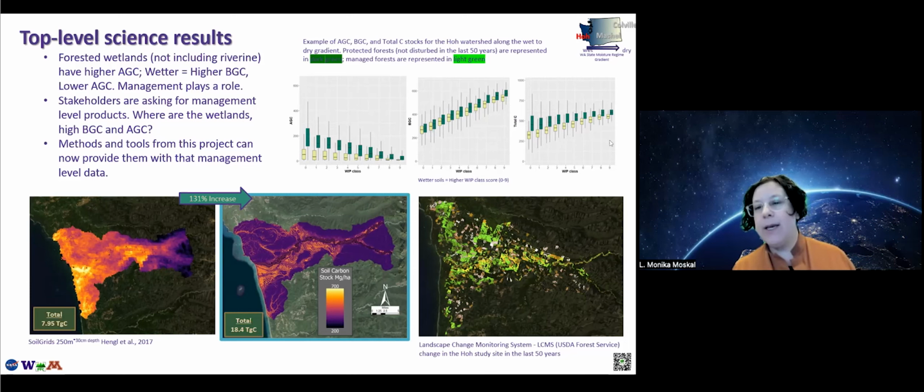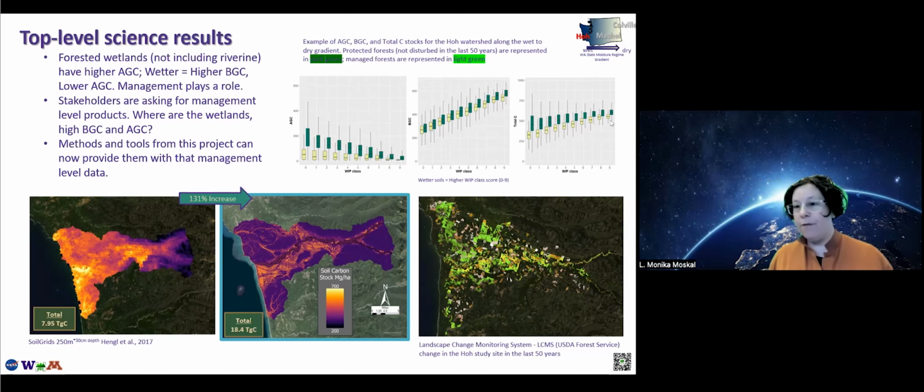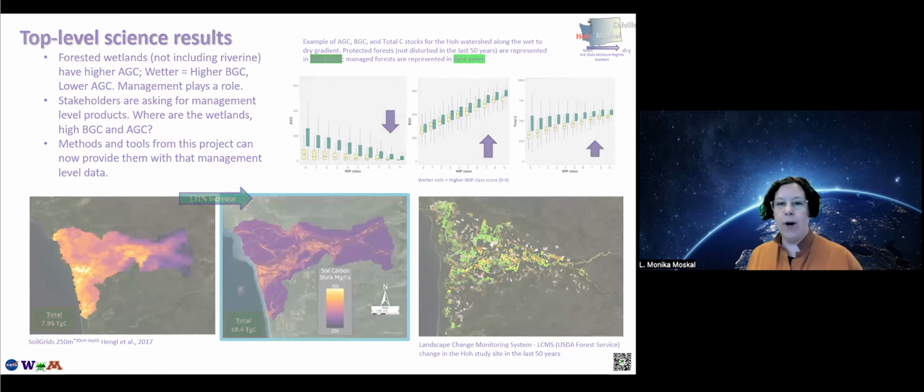And this really becomes visible when you start to add up the carbon. So as you look along the wetness gradient, you begin to see that above ground carbon decreases, but below ground carbon is still fairly strong for these forests.